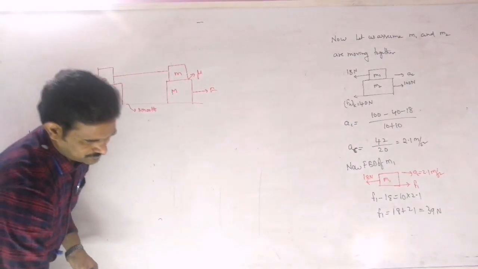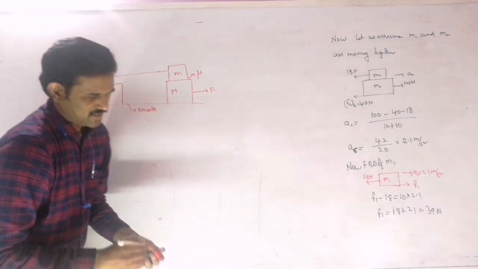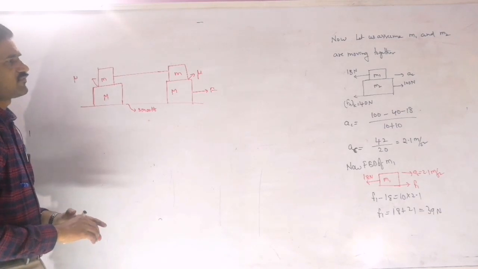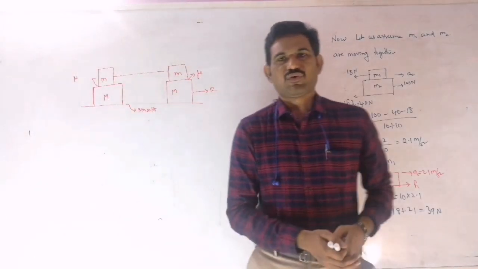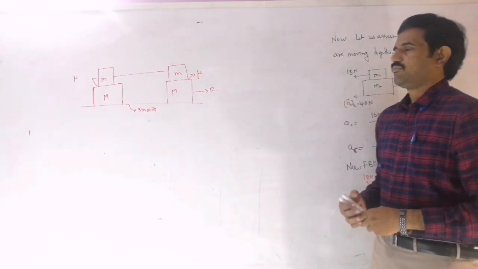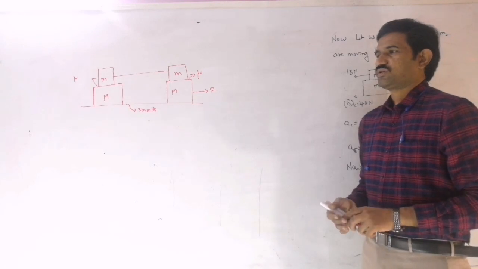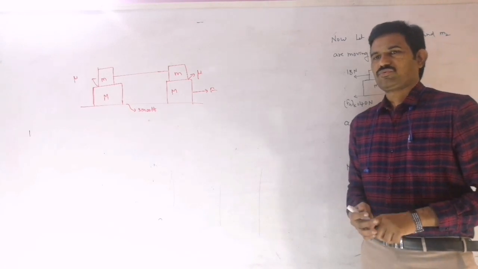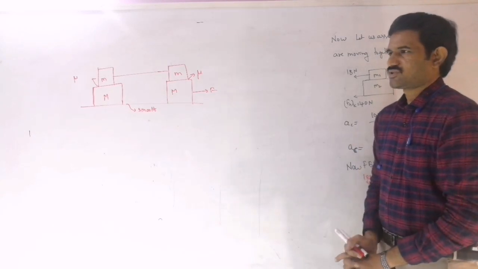Now find what is the maximum value of horizontal force F so that all the blocks will move together. That is our question here. Find the maximum value of F so that all the blocks will move with the common acceleration.